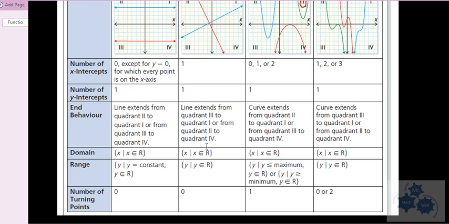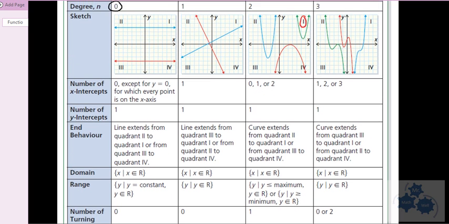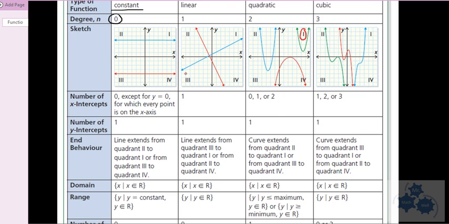But I'll end by talking about domain, and this domain and range I'll probably have to come back to. Domain is all possible values for x. So it's all the x values that are allowed. And when you see this right here, that means there are no restrictions. x can be any real number. That's what that R means, any real number.